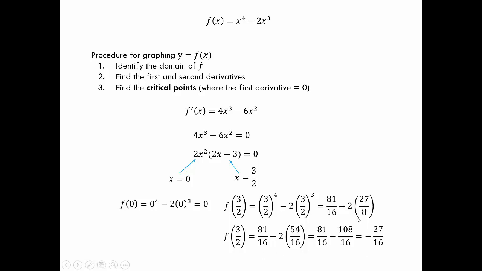For 27 over 8, I got the denominator of 16, so I multiplied the top and the bottom by 2. Then I multiplied 2 times 54, and now I can actually subtract and get my 2 points. So my one critical point is at 0, 0. My other critical point is at 3 halves, negative 27 over 16.